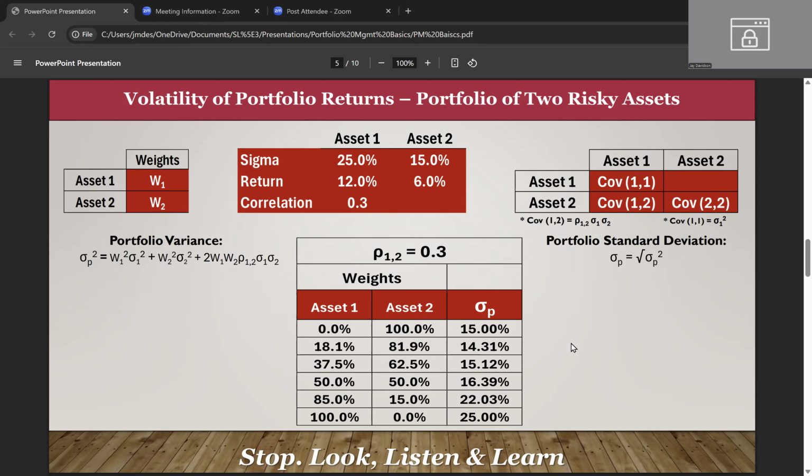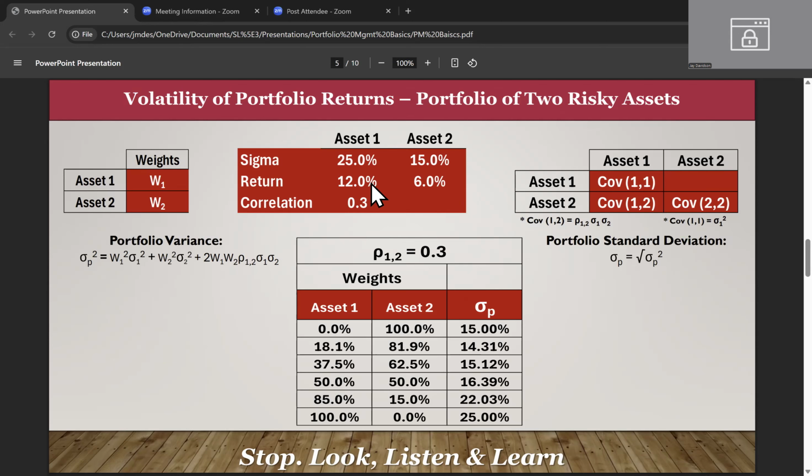Now let's look at the next period. What is the return of the portfolio going to be in the next period? Well, it's going to be a function of whatever the return is of asset one in the next period. So the return that asset one produces in the next period can be above, equal to, or below 12%.